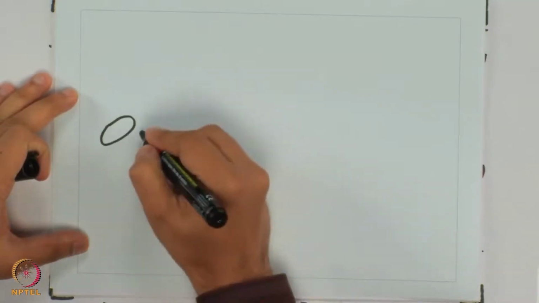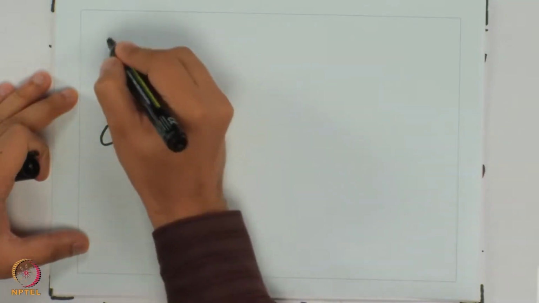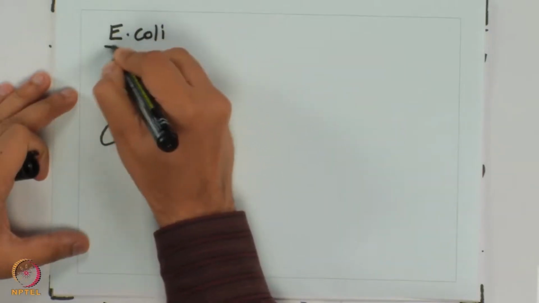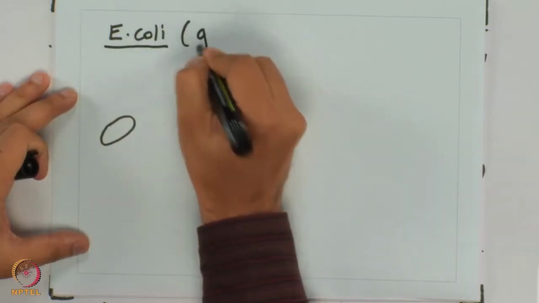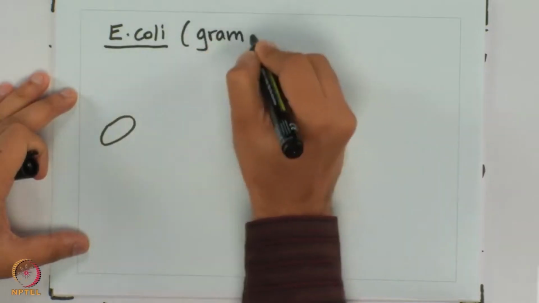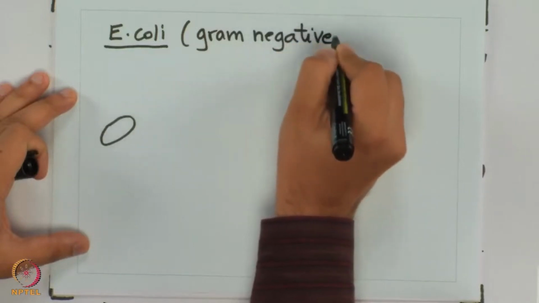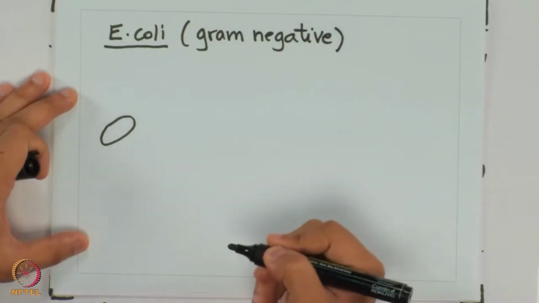So this single bacterial cell, and for the sake of simplicity we are going to say this is E. coli, which is a gram negative bacteria, and this divides by fission.